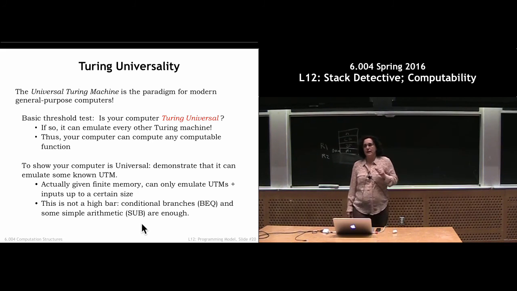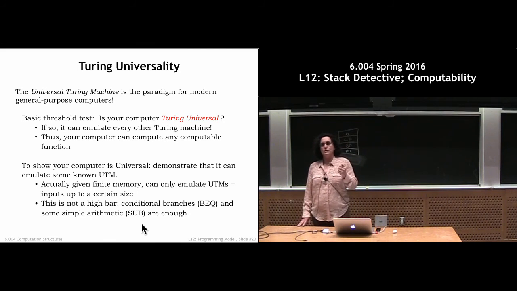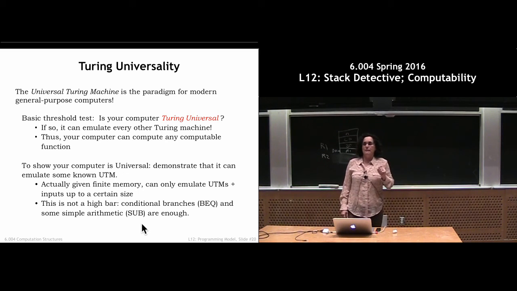There is one caveat, however, which is that in our processors that we build, we don't actually have unlimited memory. Okay, and so in order to really have that unlimited, unbounded tape of a Turing machine, that assumes you have unlimited memory. In the case of our CPUs, it's not the case. We actually have a finite amount of memory.